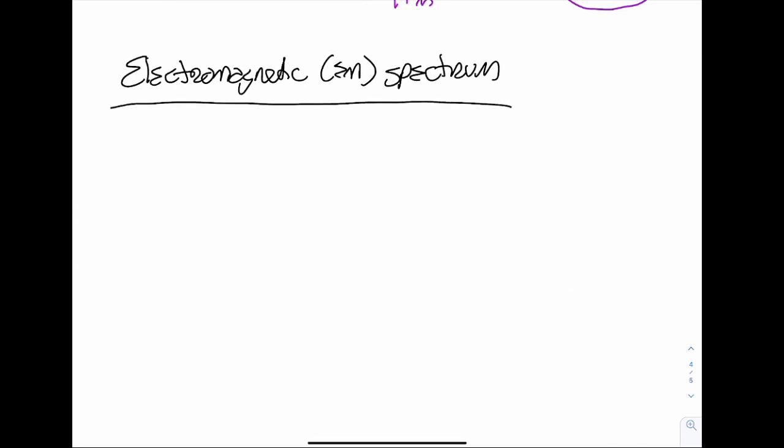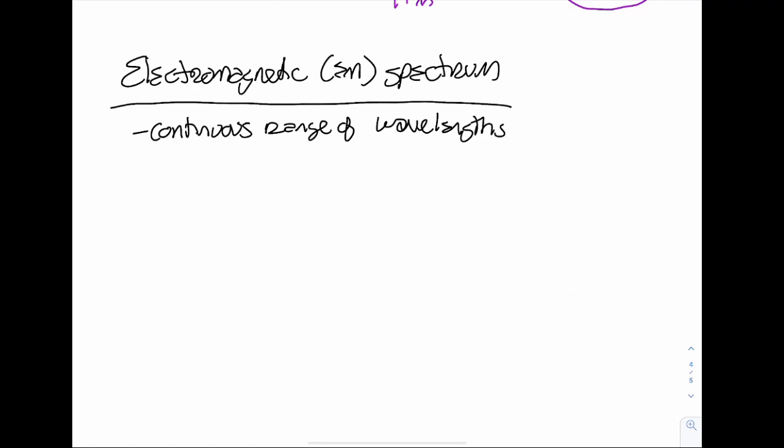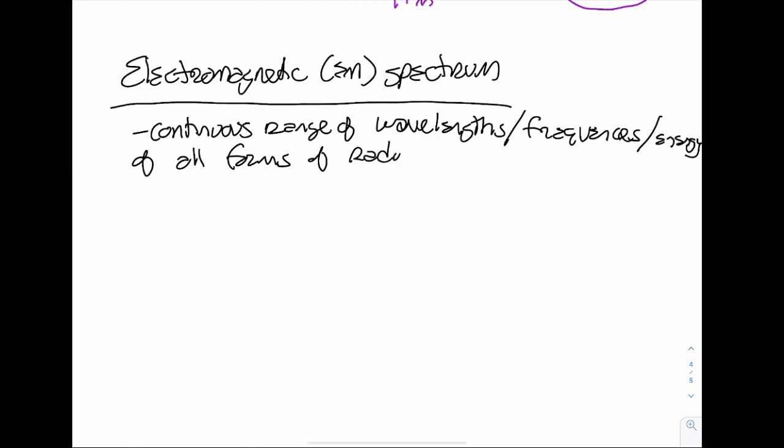This is the continuous range of wavelengths and frequencies, and I am going to add energy, of all forms of radiant energy or light energy. Again, radiant energy is just light energy.